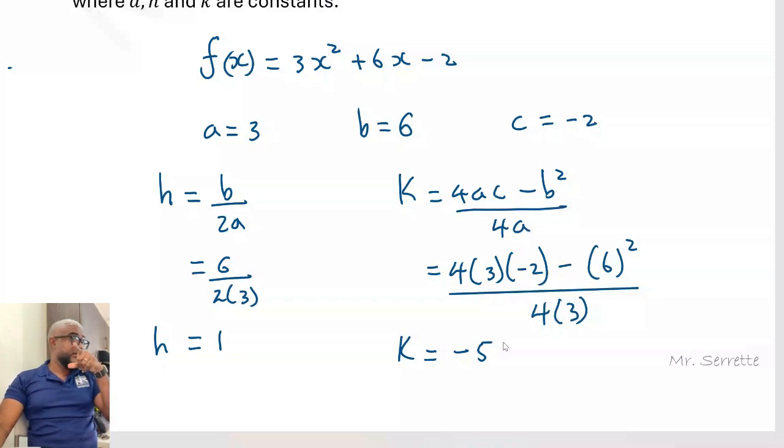To get the squared, you have to press the x squared key. And let's divide by 12 because 4 times 3 is 12. I just want to make sure everybody gets it. To get -2, you have to press the plus or minus key.